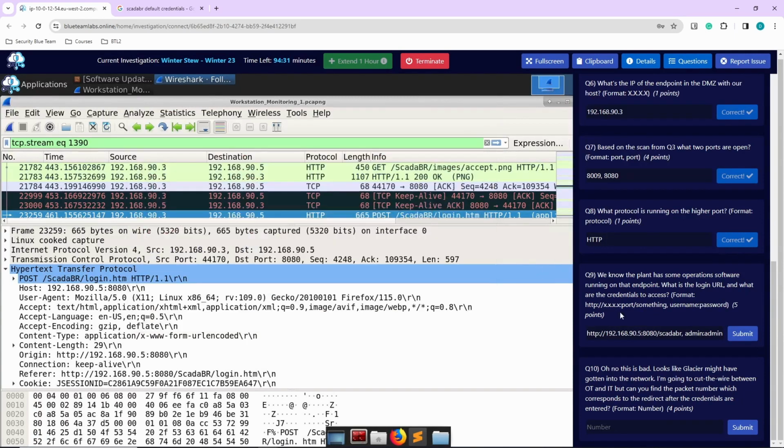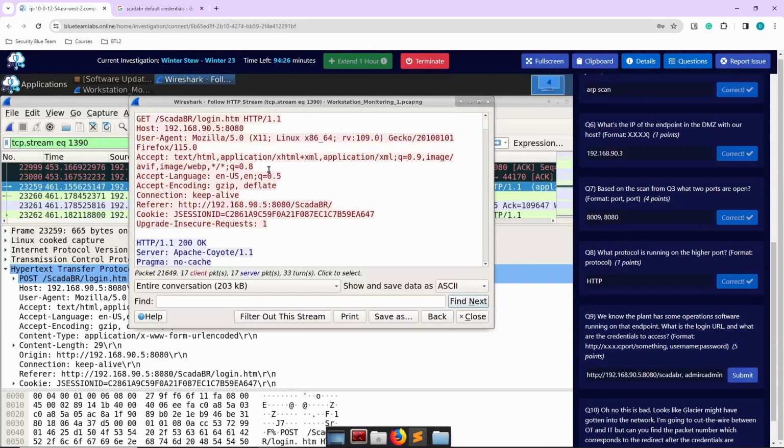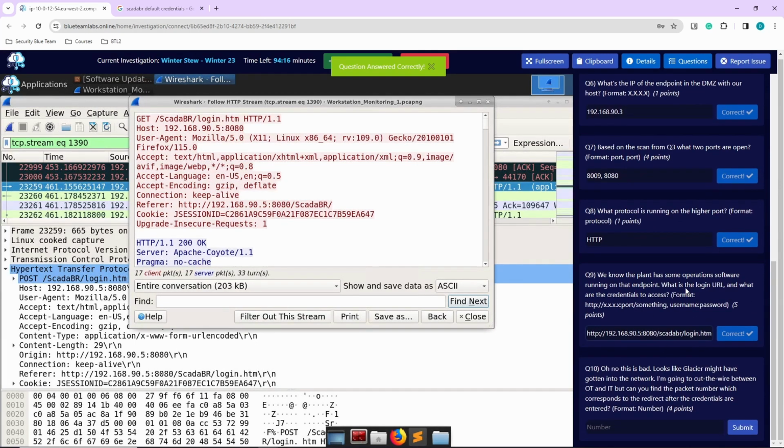Okay, so maybe what it wants is this login.htm. Right, okay, that's it. What is the login URL is what it wants. If we had this server and we searched this without a session ID saved in the browser, it would redirect us to the login HTML. And this question is asking us for the actual login URL rather than something that would redirect, I guess.